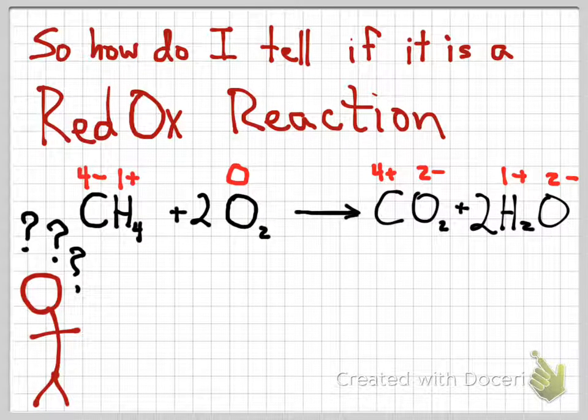Once we have done this, and we'll practice this in a few minutes, I can then look to see, are there any elements that in the process of the reaction change oxidation states from before the arrow to after the arrow.